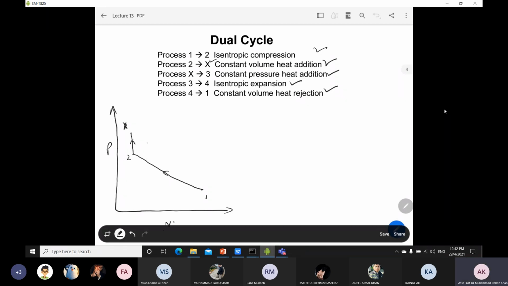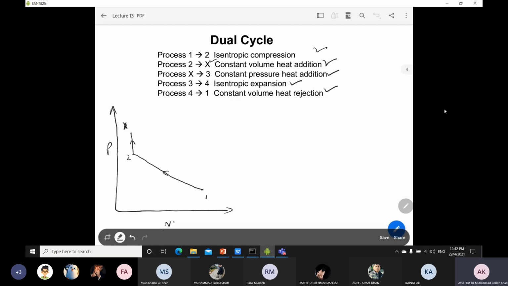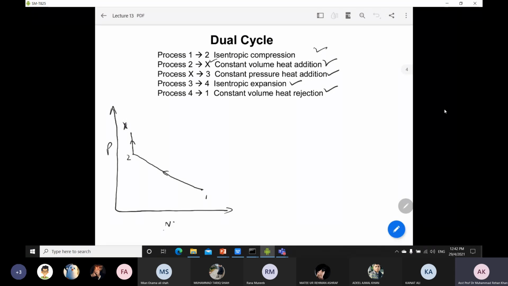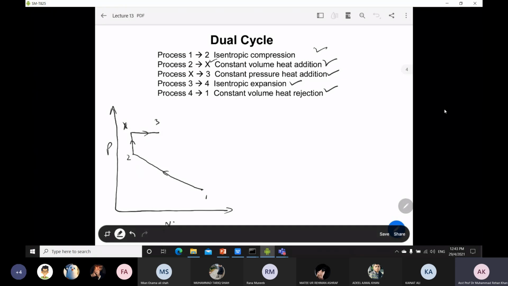Okay, so 2 to x is constant volume, then x to 3 is constant pressure heat addition. So x is the starting point of the constant pressure heat addition, and it ends at point number 3. Then there will be isentropic expansion. As you already know, for the expansion process the volume will increase.